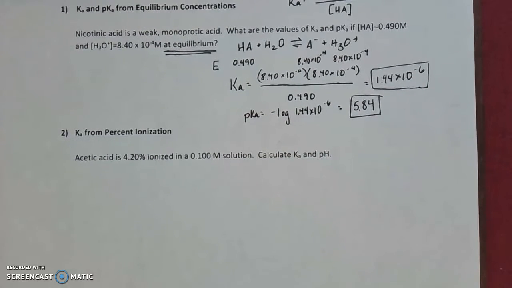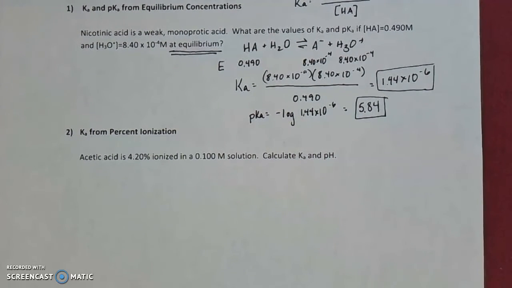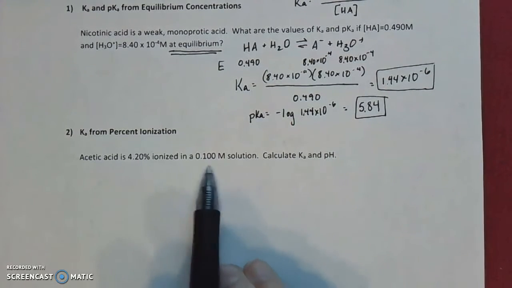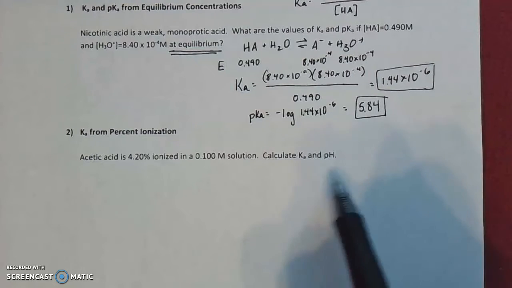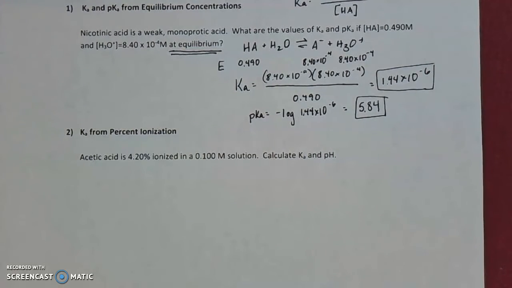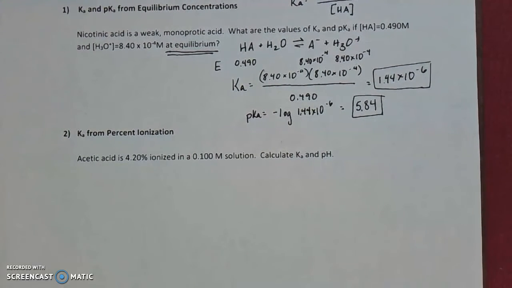Now, our second example. We are going to calculate Ka, but we're given a percent ionization and a molarity of our solution. And we want to calculate Ka and pH from this. Now, this is going to involve an ICE chart, but we're going to go in reverse with this one.